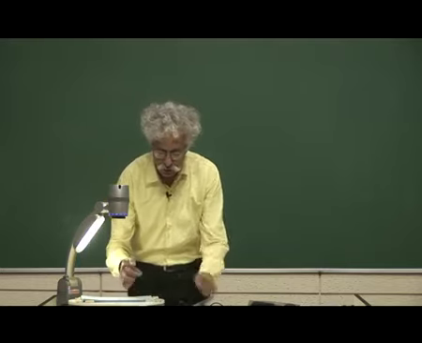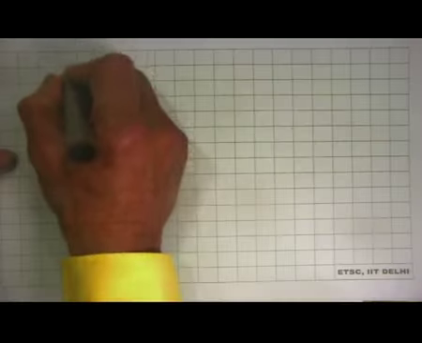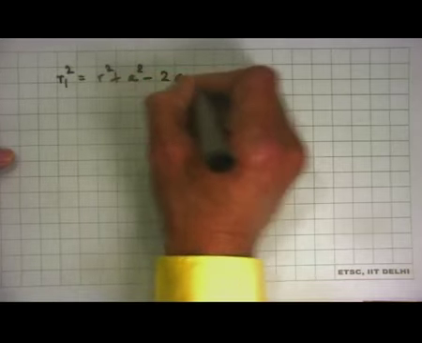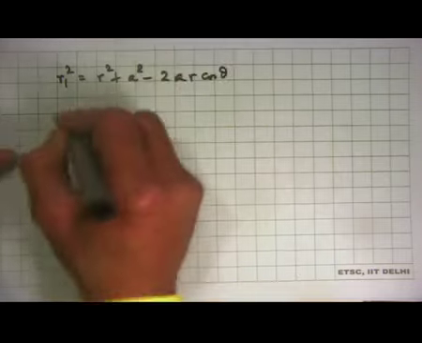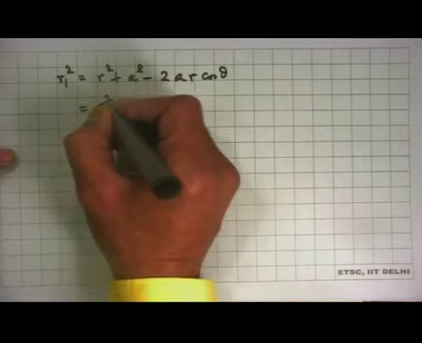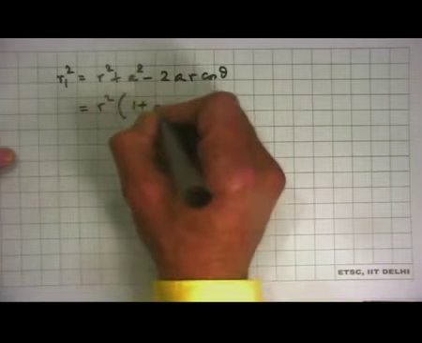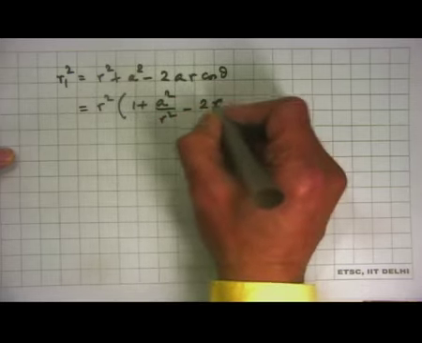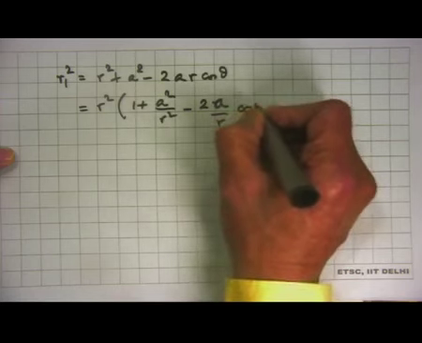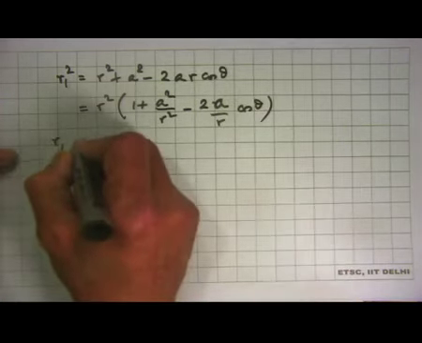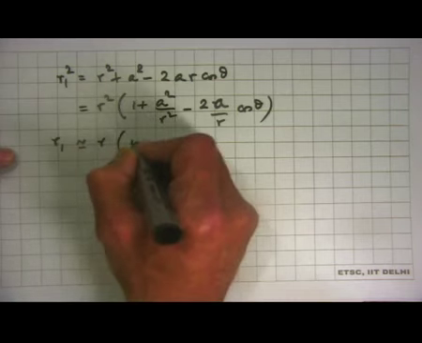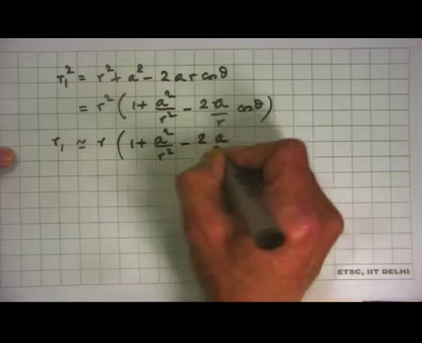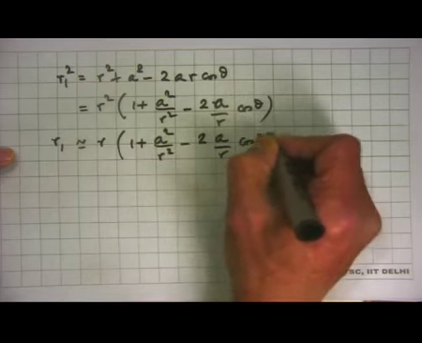So, r1 square is equal to r square plus a square minus 2ar cos theta, which is equal to r square into 1 plus a square by r square minus 2a by r cos theta. So, r1 is equal to r into 1 plus a square by r square minus 2a by r cos theta, raised to the half.